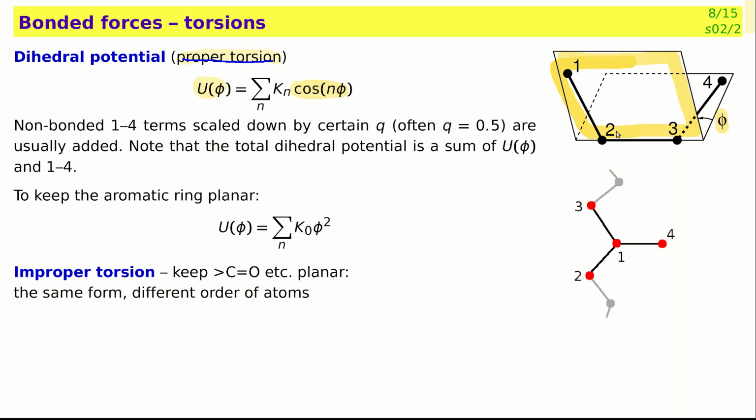One goes through atoms 1, 2, 3, that is, it is around bond 2-3, and the other is 2, 3, 4. And the angle between these two planes is called the dihedral angle or torsion angle.